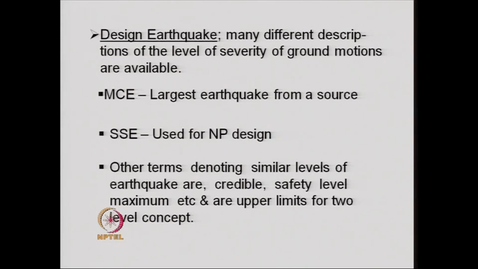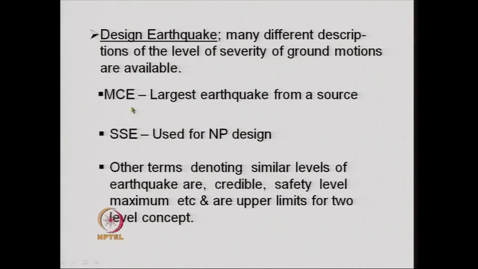Now in the literature we get different terminologies for the design earthquake. For example, one is MCE, that is maximum credible earthquake. That is the largest earthquake that we expect from a source.